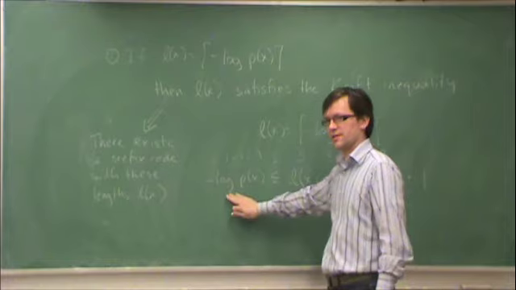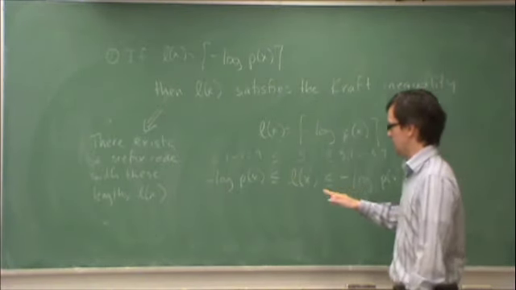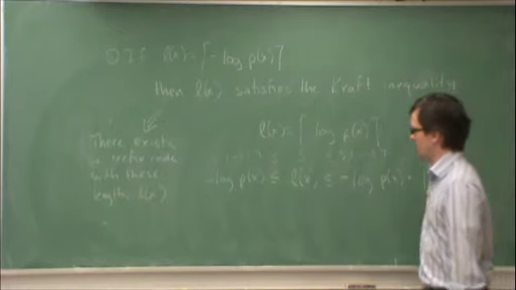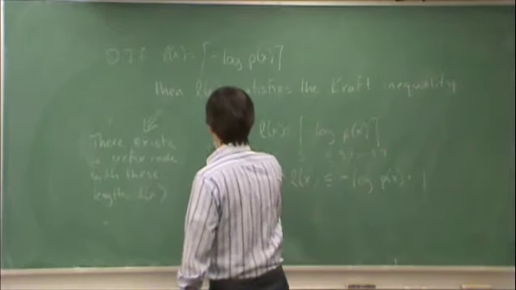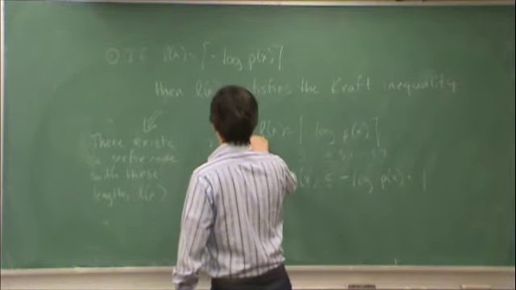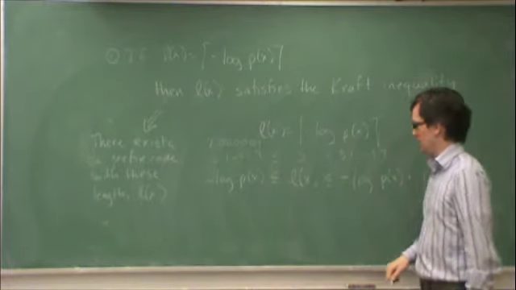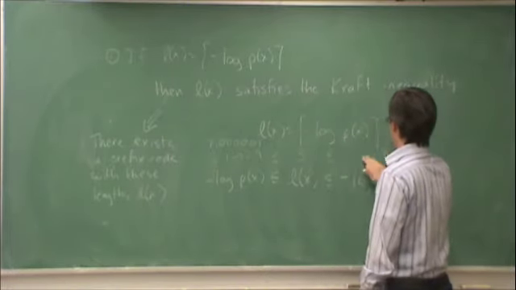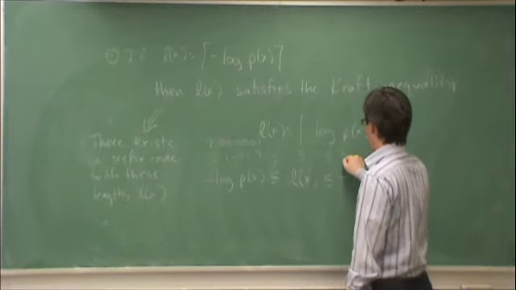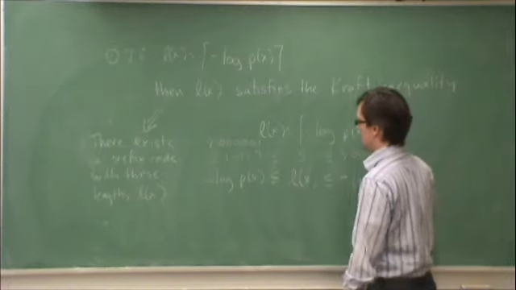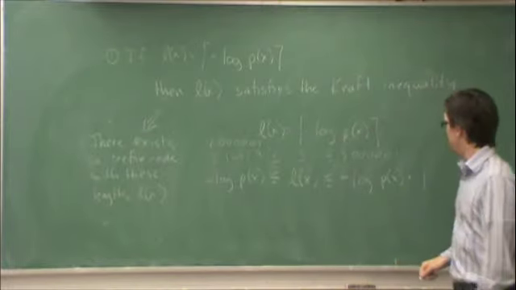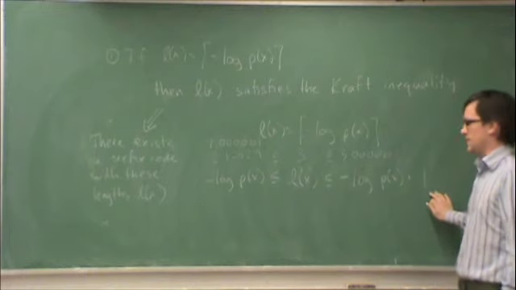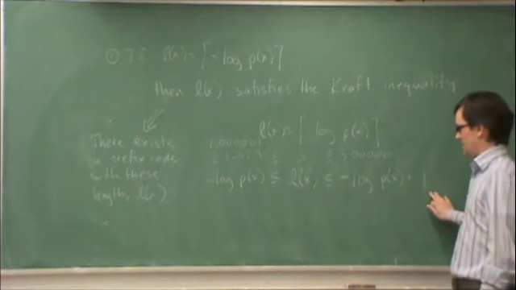Log px is the length we want, but if it's not an integer, the maximum penalty is 1 bit. The worst case scenario would be if this was 2.000001, then we'd have to express it with 3 bits, which is still less than 3.000001. So the penalty here is just less than 1 bit. So the maximum possible penalty that we can have is 1 bit.